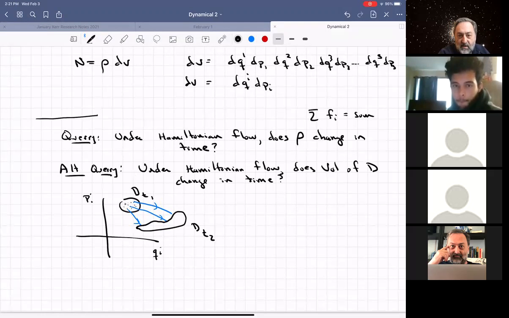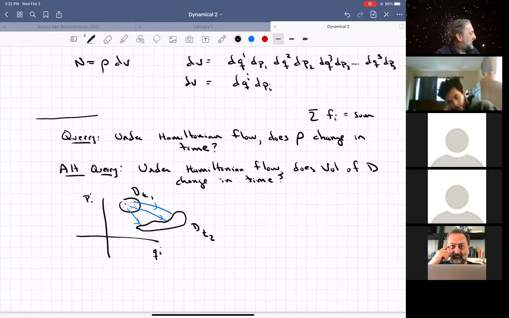But the question I want to ask is, is the volume of disk 2 the same as the volume of disk 1? Or alternately, is the number of points in disk 2 equal to the number of points in disk 1? Or alternately, is the density of points in disk 2 equal to the density of points in disk 1? So the question we're asking is, what types of things does Hamiltonian flow do to not one configuration, but a whole ensemble of configurations?